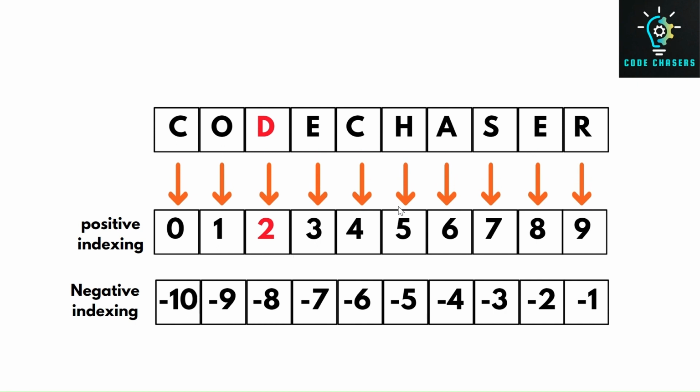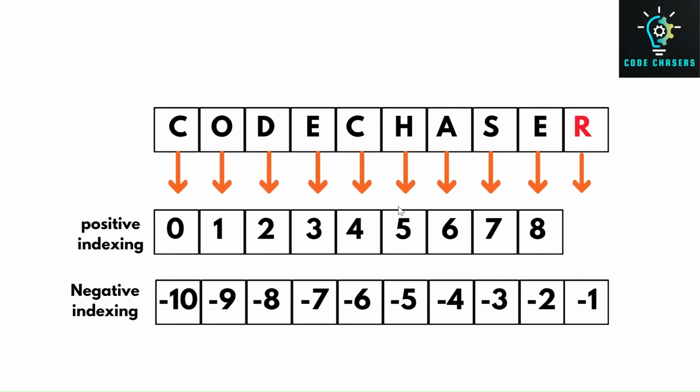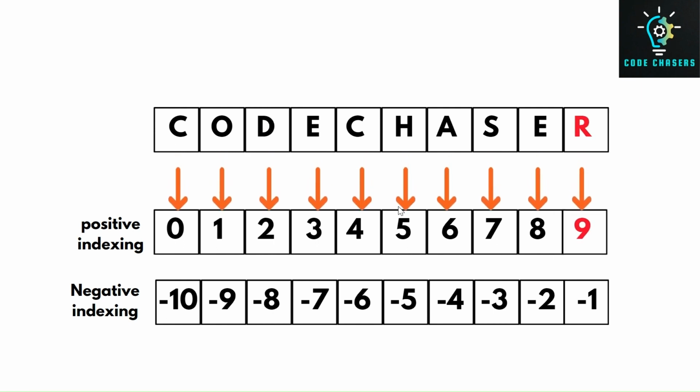Likewise, it will continue till the last character in the string Code Chasers. Now, the last character in the Code Chasers string is R. R is holding an index position of 9. This is positive indexing in Python, and this is how the positive indexing happens in a string.